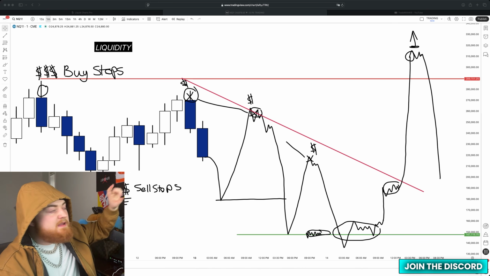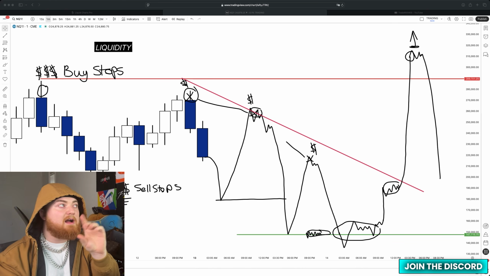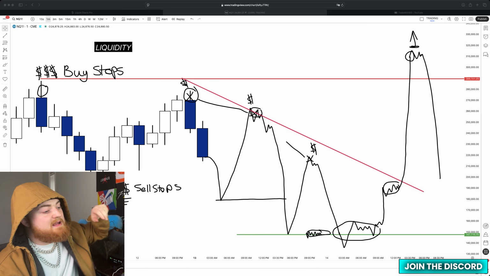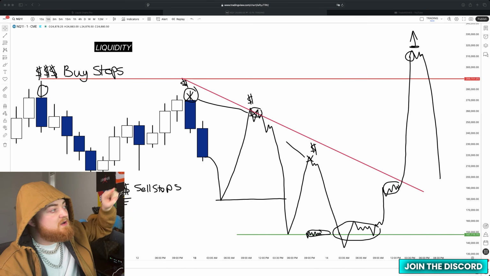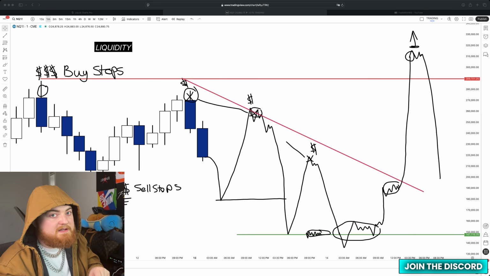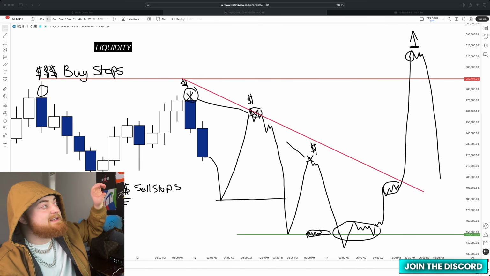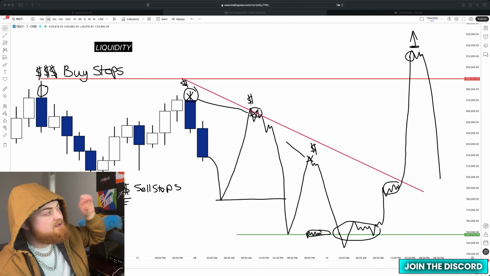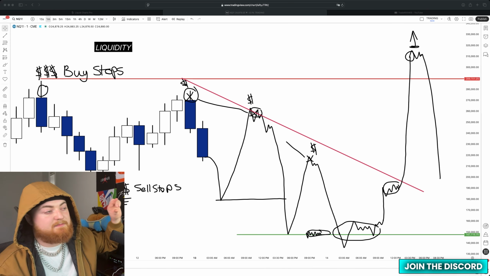If a high got respected by another high, there are buy stops above that high. If the high that respected the first high goes on to break market structure, break a low on the bottom, and then it comes back up, there's even more buy stops above that high. Why? Because it's tricking traders to go short and place a stop loss above the high.